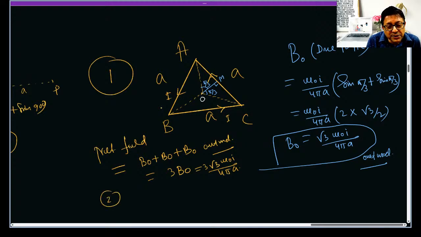If I tell you to do it for a square, what will you do? For a square wire, it's a square loop. This is a square loop.